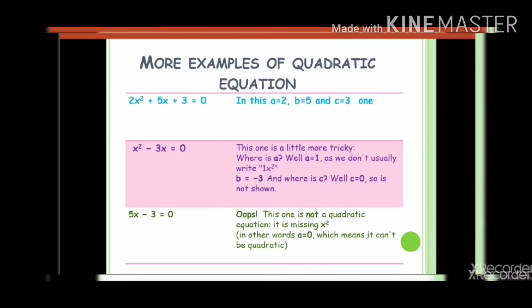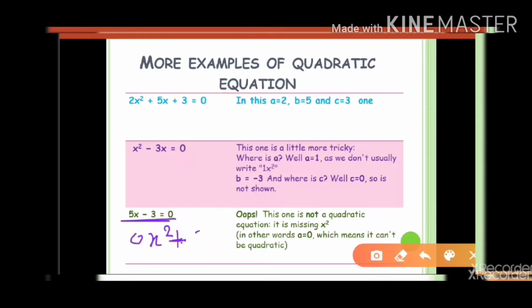Now we take some other example. 5x minus 3 equal to 0. We can write this equation as 0 multiplied by x squared plus 5x minus 3 equal to 0. When we compare this equation with the standard form, we get a equal to 0.